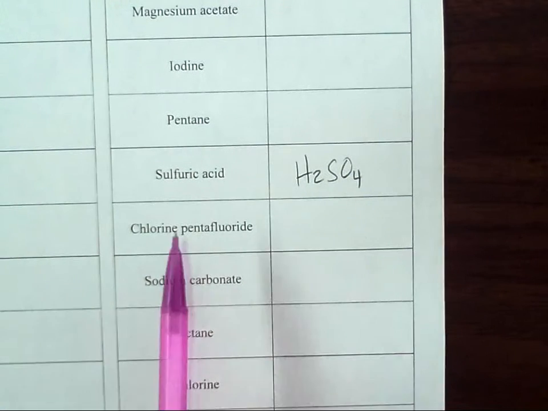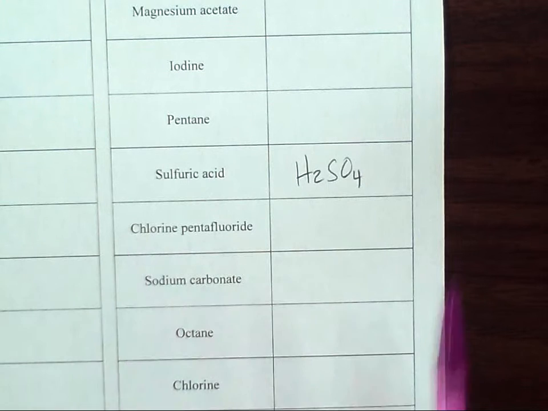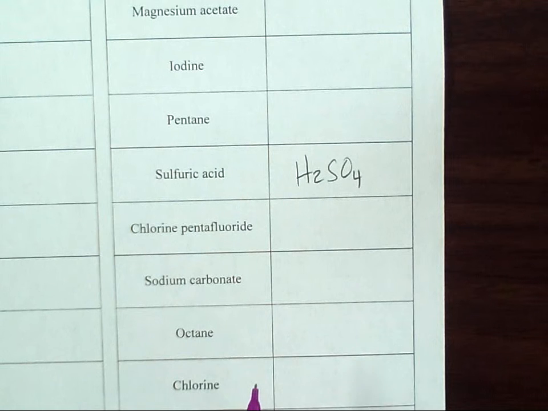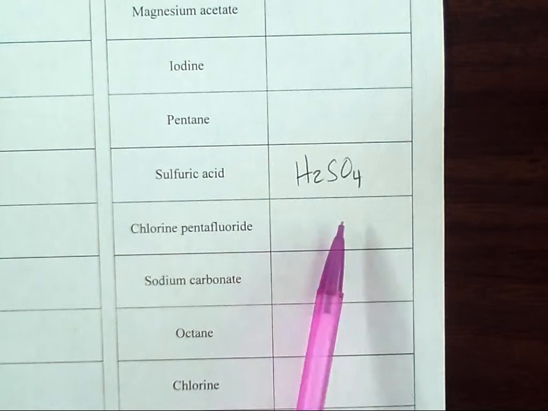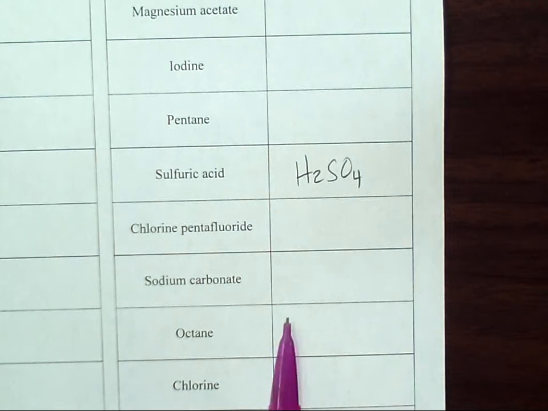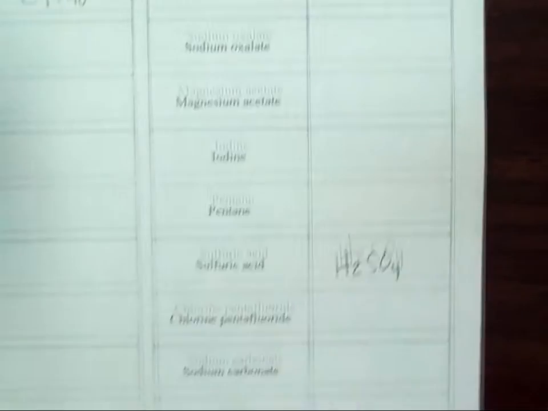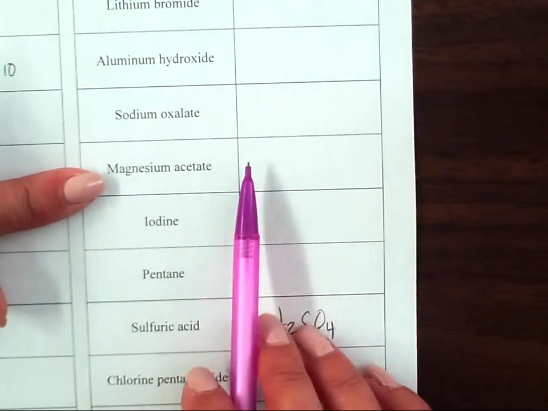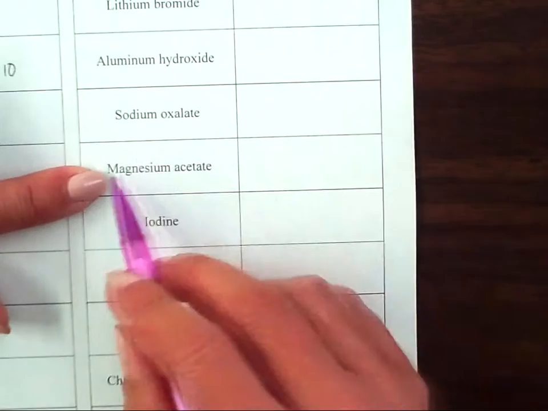Okay. Now, what about something like chlorine pentafluoride? You would have 1 chlorine and 5 fluorines. So those are easy to name. The ones that get difficult at this point would be the ionic, because you have each one.